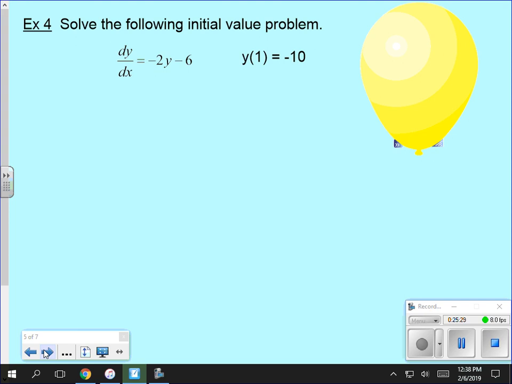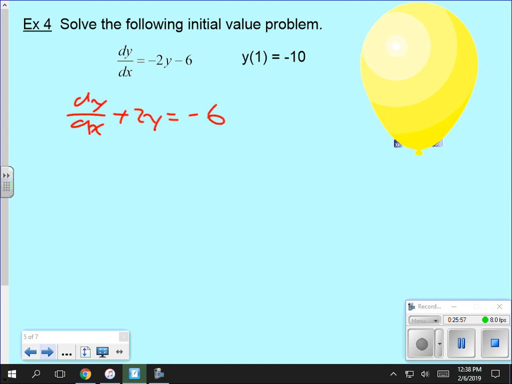So, same idea. There's a problem. I don't have any x's in there. To get y by itself, add 2y to both sides. What do you get when you add 2y to both sides? If I add 2y to both sides, I get dy/dx plus 2y equals negative 6.